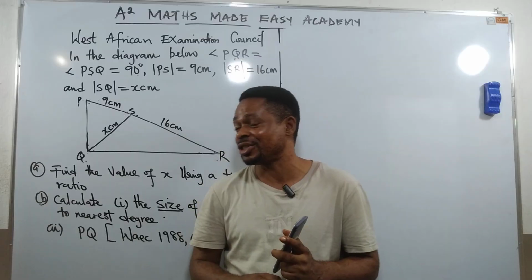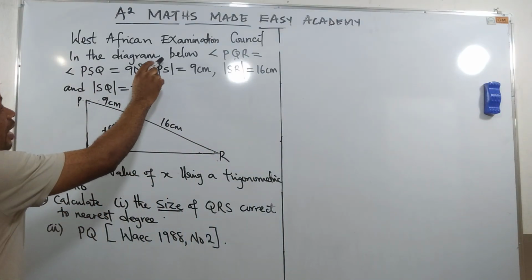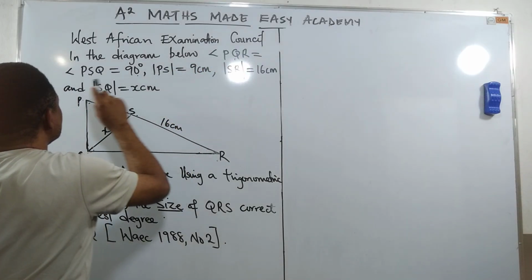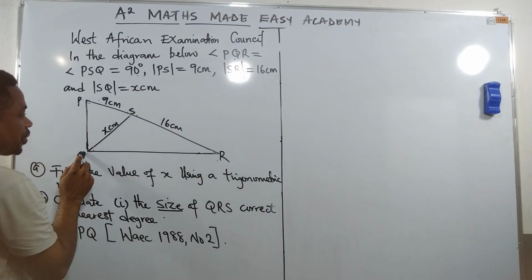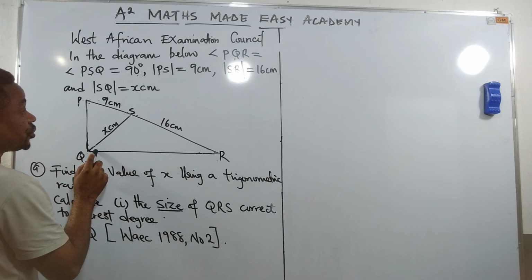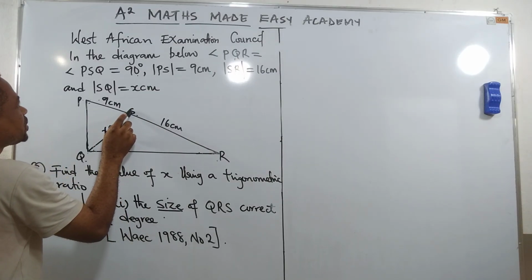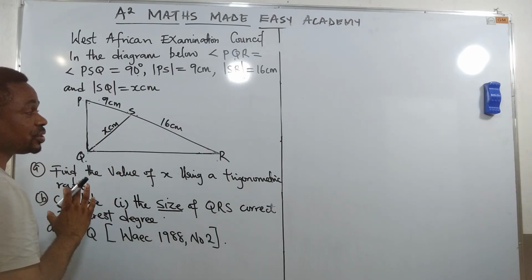Let us appreciate this question. It says, in the diagram below, angle PQR is equal to angle PSQ. Angle PQR is a right angle triangle, and angle PSQ is also a right angle triangle, which means they are all 90 degrees.